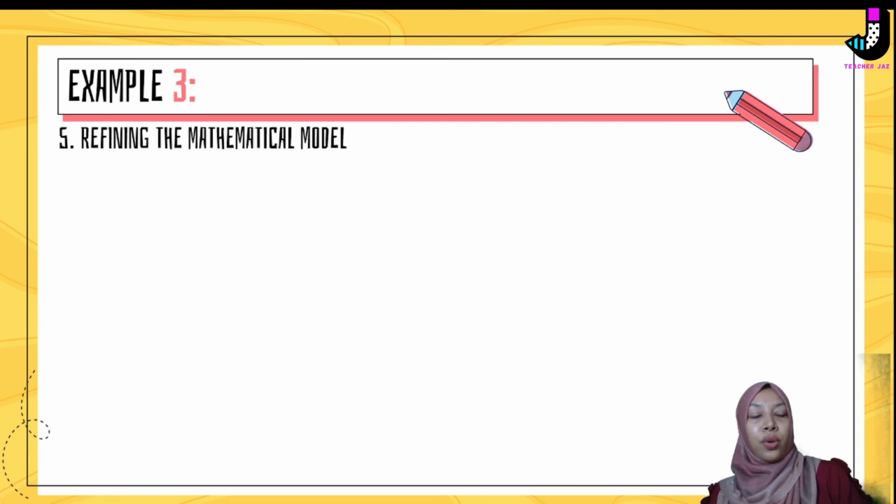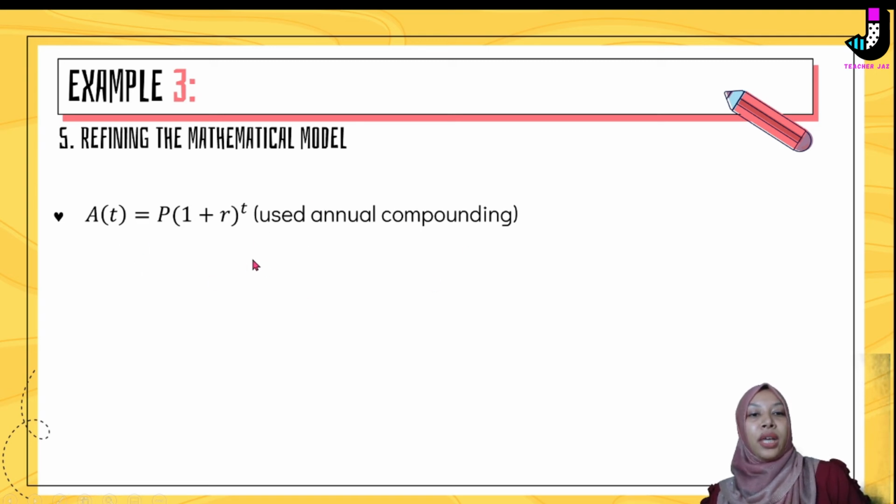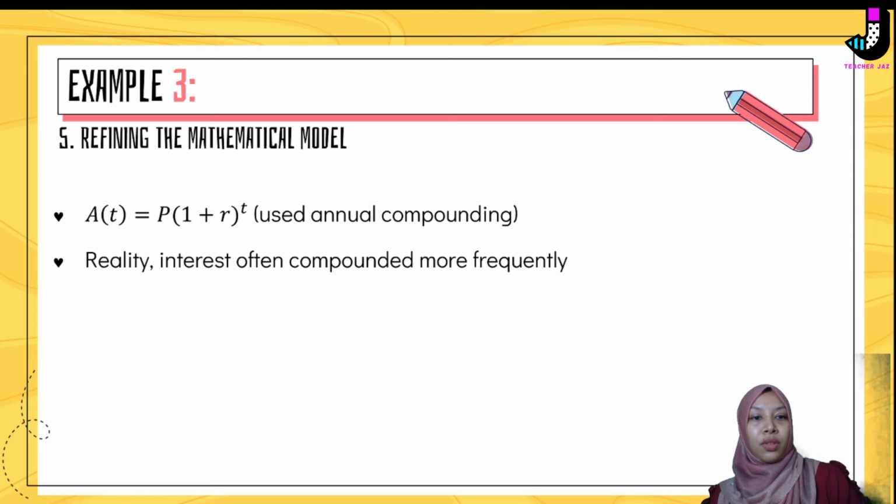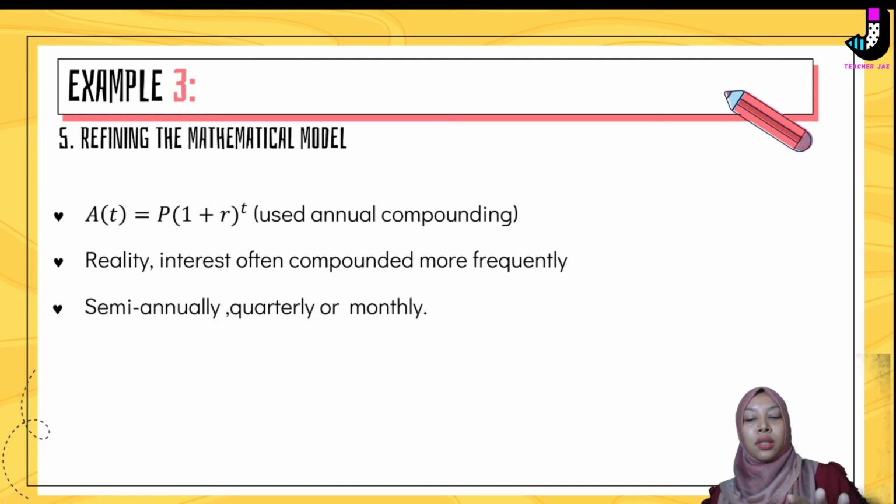Okay, so now how to refine the mathematical model. Here this formula might be used for annual compounding. But actually the interest is often compounded more frequently. It might be semi-annually, mungkin setengah tahun, or quarterly, setiap 3 bulan, or monthly, bulanan.